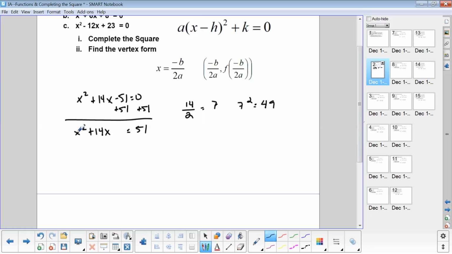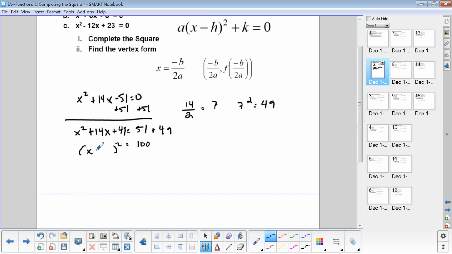Since a value was 1, I'm going to add 49 to both sides. And I will get 100 is equal to a perfect square trinomial that we have created.